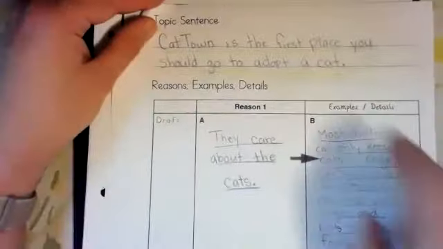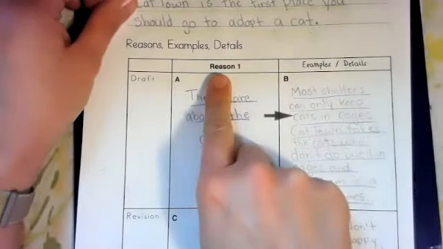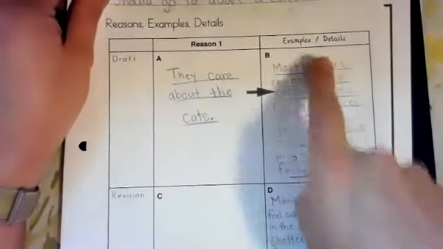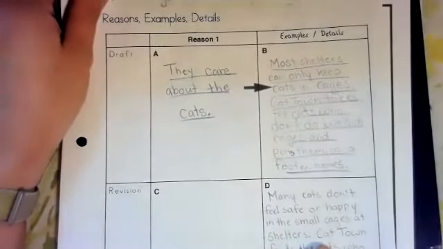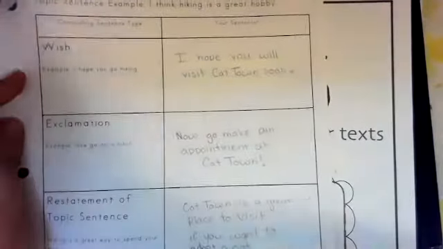I'm going to reread my topic sentence again. I'm going to read my reason 1, my examples, and remember, I'm going to do my updated example. And then I'm going to read my reason 2. I'm going to read my updated examples and details for that. And then I'm going to think, which one of these is going to sound the best at the end of my paragraph?